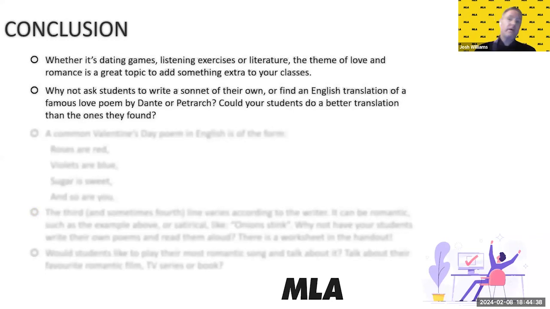Or the other way around, they could find a Shakespeare sonnet and do a translation into Italian. Obviously they would probably not be able to keep the iambic pentameter or retain the rhymes, but that's really not an important thing. Getting the meaning there and seeing even if they can take out some of the words.